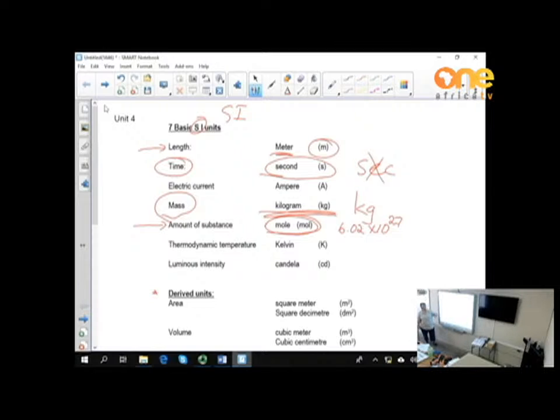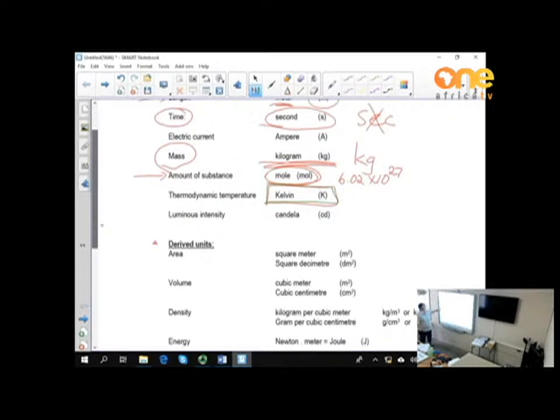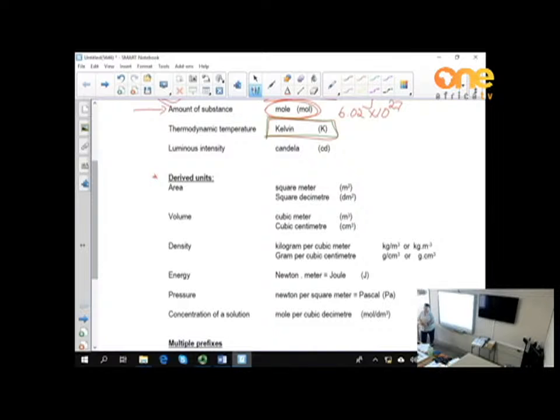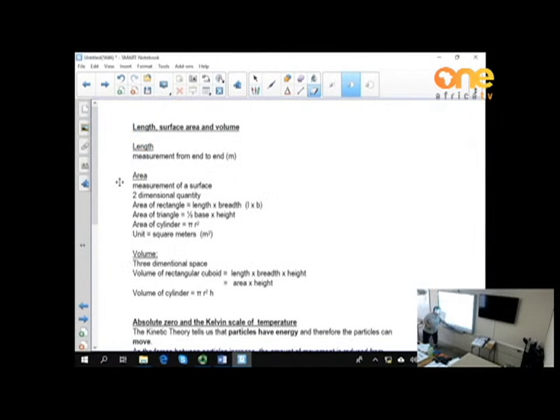Then temperature, even though we work with degrees Celsius, is not the SI unit for temperature. It is actually something known as the Kelvin. Okay? And the Kelvin is a temperature scale that is related to the energy of the particles at absolute zero.